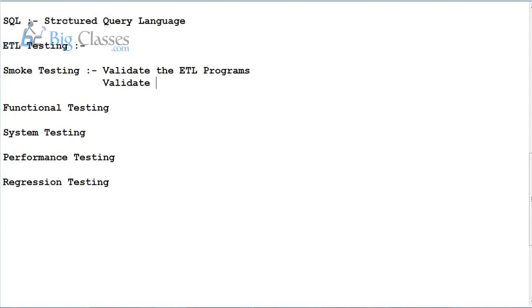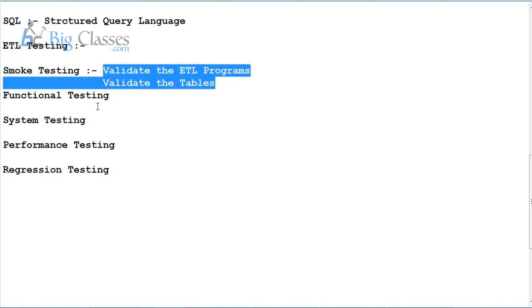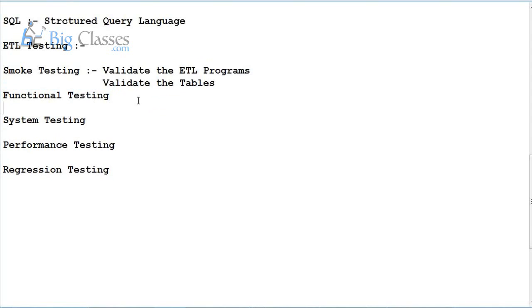I will go into details about it when we actually step into the course, but I'm just giving you the high-level structure. Smoke testing is more like you're going to validate the ETL programs, whether they are valid after the migration into the testing environment or not. That's what you're going to validate.